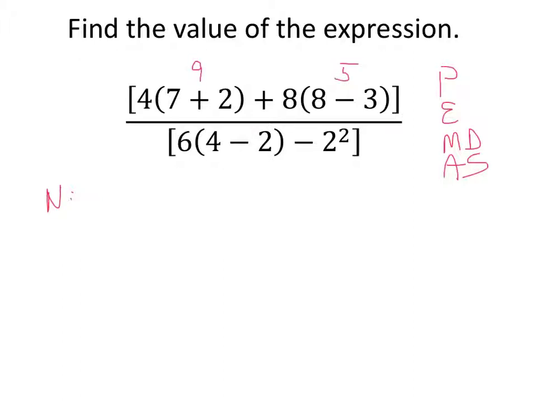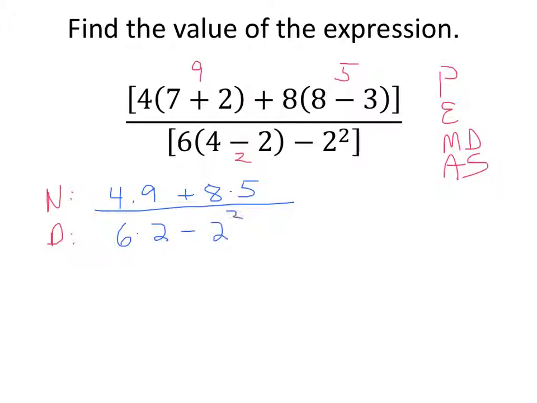We'll do the numerator first. So we have 4 times 9 plus 8 times 5. That's the numerator. Now for the denominator, we look again and we have that parentheses, and then we have that exponent. When we do the parentheses, 4 minus 2 is 2, we get 6 times 2 minus 2 squared.